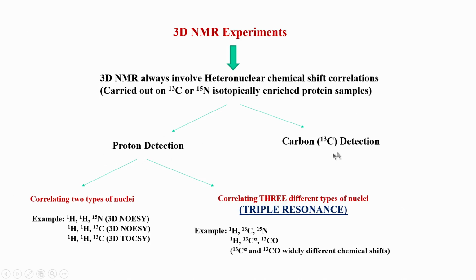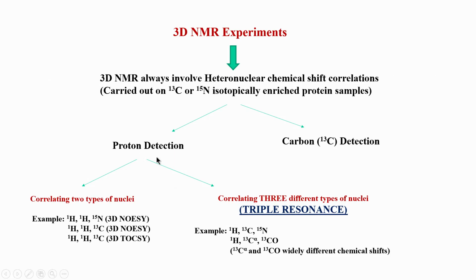We will not study carbon detection in this course, we will only look at proton detection. That means the final part of the experiment, where we detect the signal physically using the inductor, is actually protons. But remember, in 2D and 3D NMR, we have two indirect dimensions in 3D and one direct dimension.